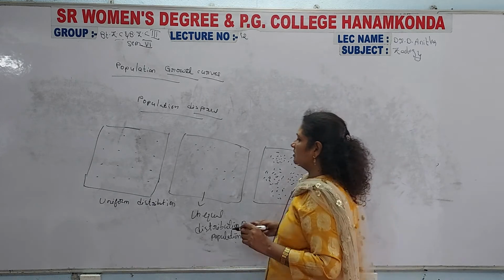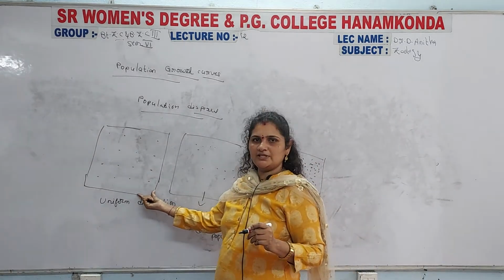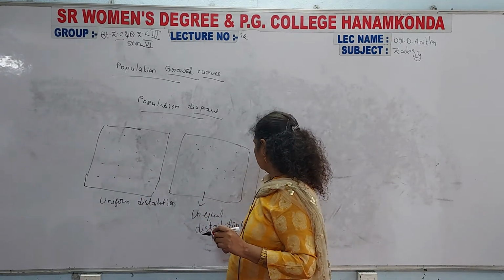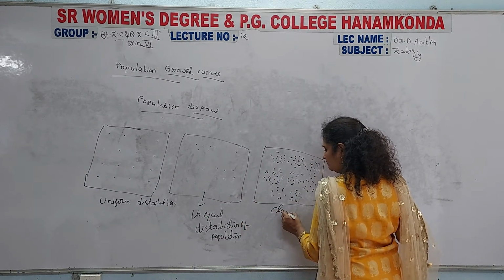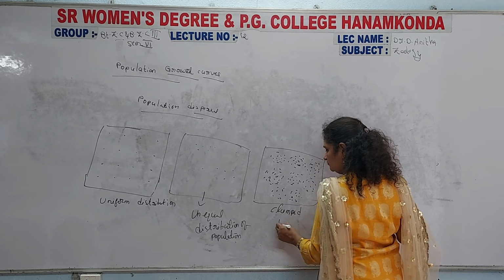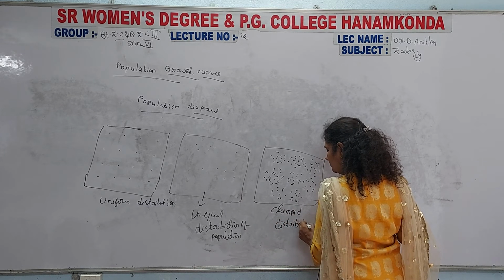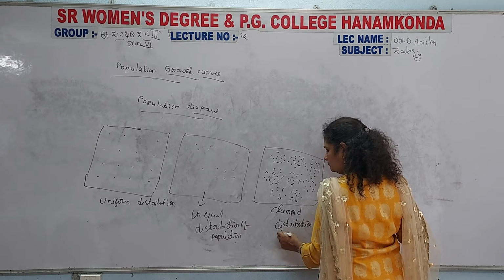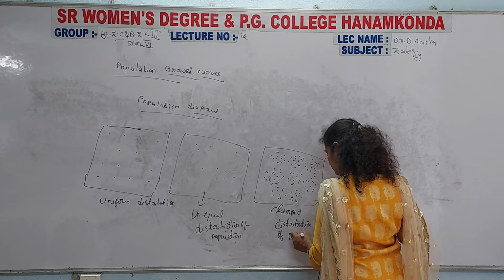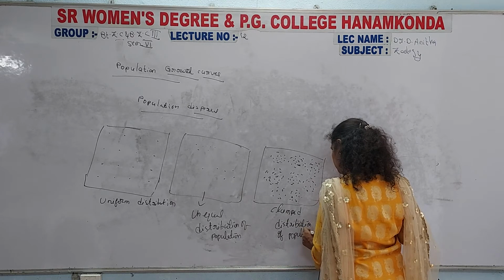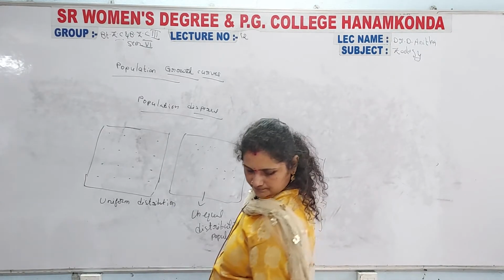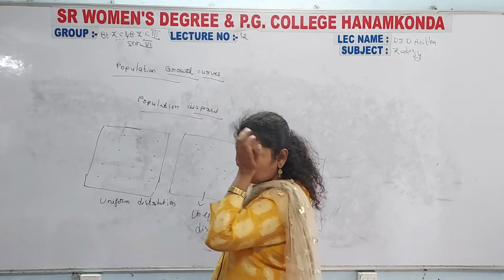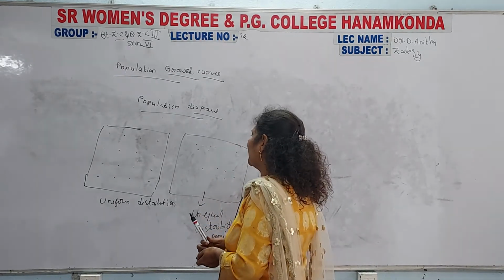So it is a uniform distribution of population, and it is an unequal distribution of population, and it is a clumped distribution. Clumped distribution of population. So clumped means overlapping of population.